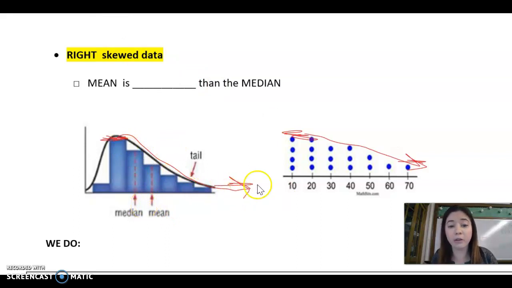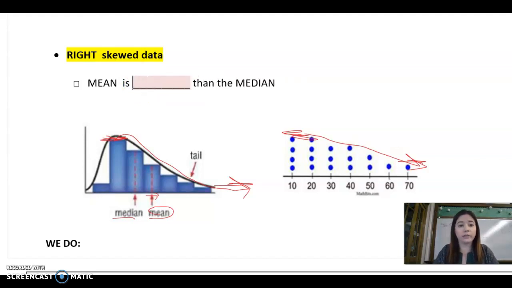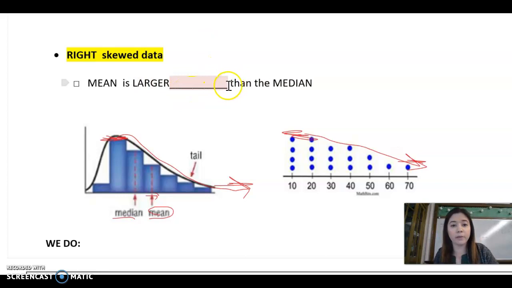Now we have these outliers that are way larger, so it's going to pull my mean, because it's weak, larger, where my median is going to stay nice and strong and stay in the middle. So my mean becomes larger, because now it's to the right, which is going to be larger numbers than the median. So now my mean is larger than the median. That works.